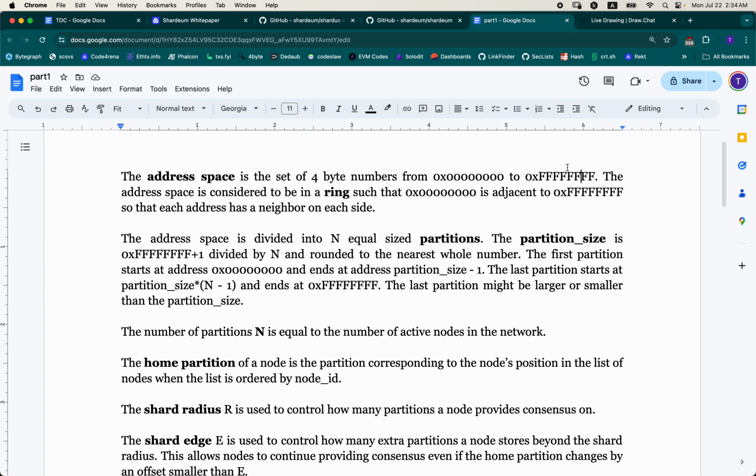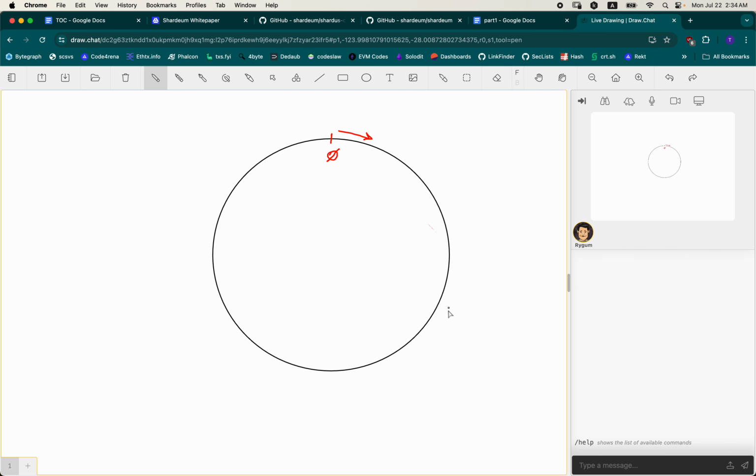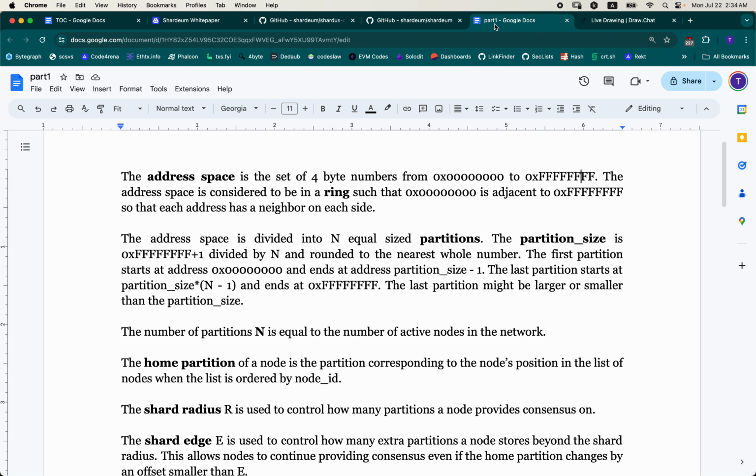The standard address space for EVM compatible networks is 4 bytes numbers. The address space is considered to be a ring, right? We can think about it as a ring which starts from 0, goes like this, and ends here.